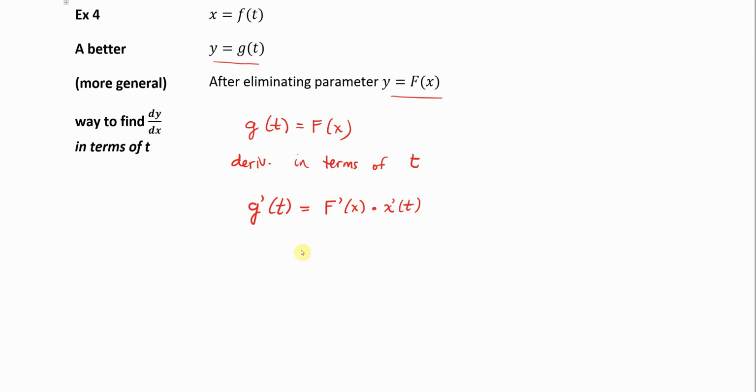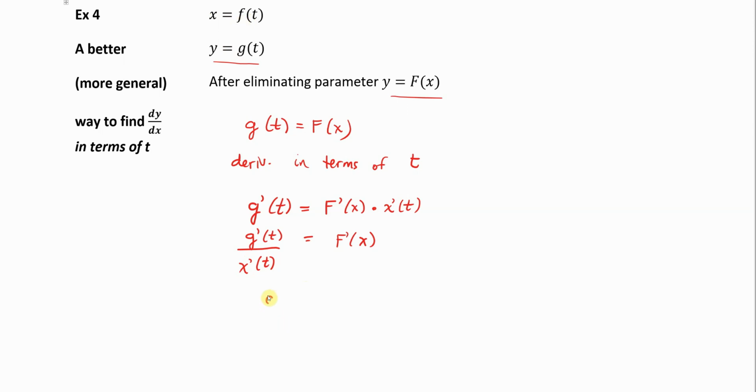And then we can rearrange. So big F prime of x is equal to g prime of t divided by x prime of t. But what is x prime of t? Well, the derivative of x is just little f prime.